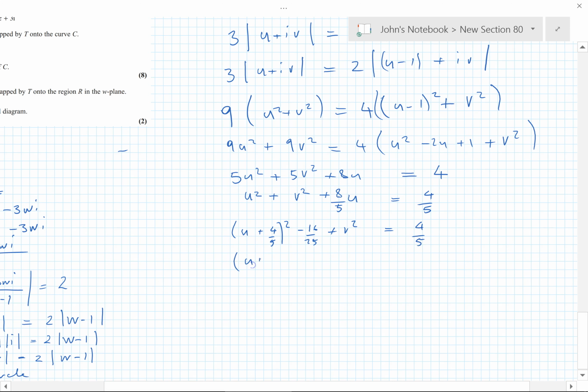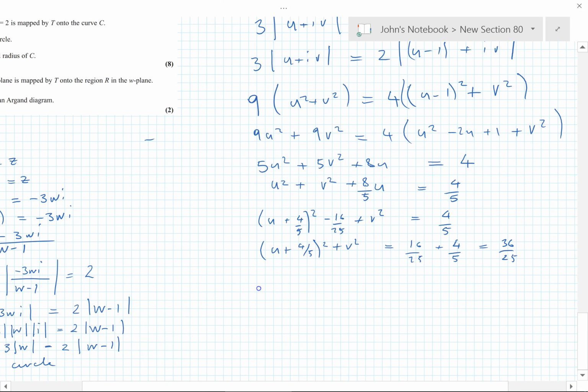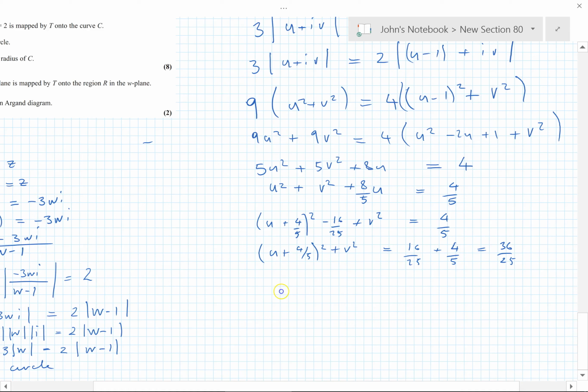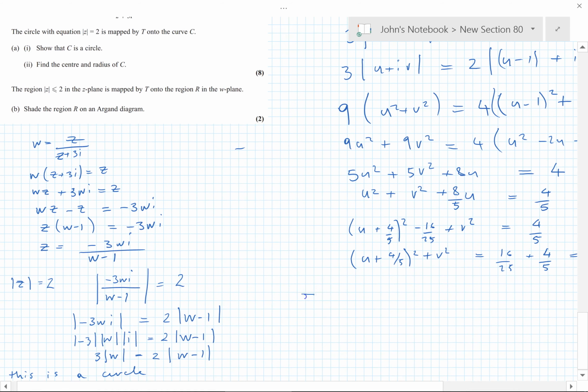So I get u plus 4 over 5 squared plus v squared is equal to 16 over 25 plus 4 over 5. So that's equal to 36 over 25, at which point we're kind of relieved that we have a nice radius, 6 over 5, so that means it's a circle.